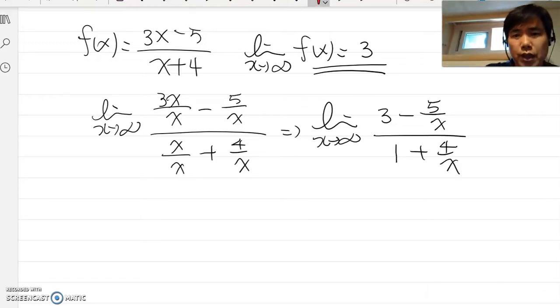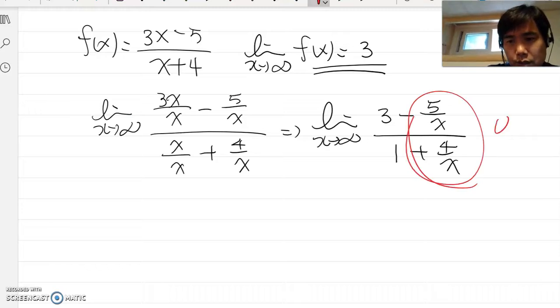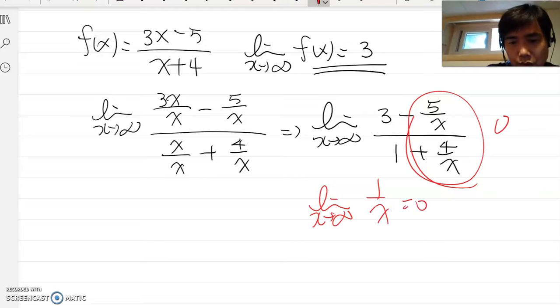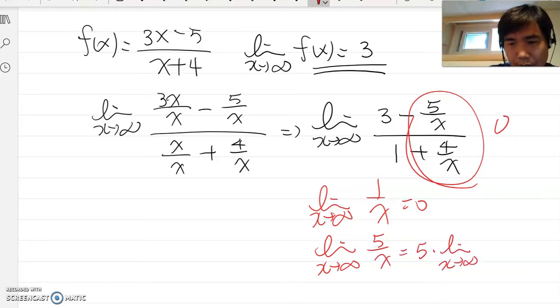Okay, then you know that those will be 0 because the limit of 1 over x is equal to 0, which means the limit as x moves to infinity of 5 over x means 5 times the limit as x moves to infinity of 1 over x. So that should also be 0.